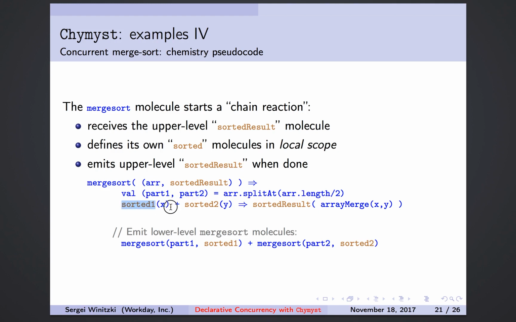Then it will define this new reaction, which will merge the results. So sorted 1 and sorted 2 are new molecules that it will define and emit. And the sorted result is an emitter that it received from an upper level call. So this is the recursion. So it emits lower-level molecules recursively.